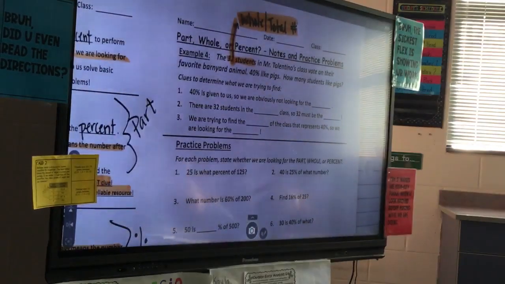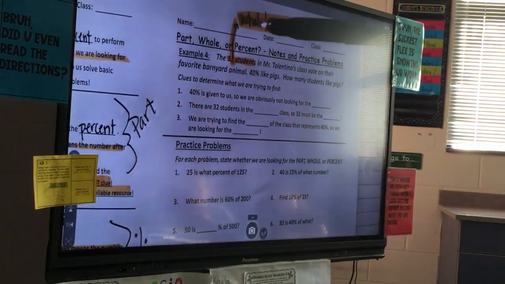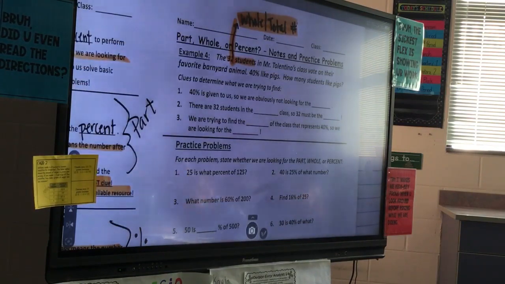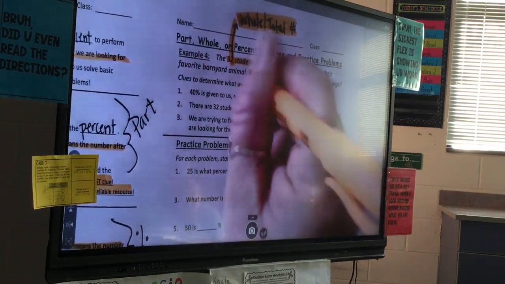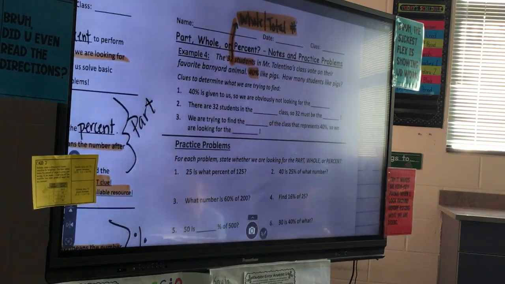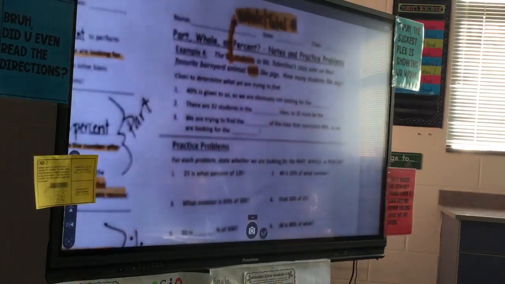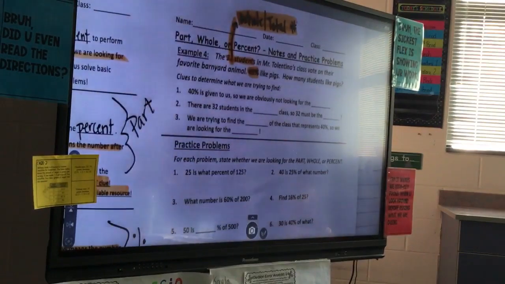All right, then in the next sentence, what's important? Blake, 40%. All right, so we've identified the whole. We just found our what? Our percent. So we have our information for our whole number.